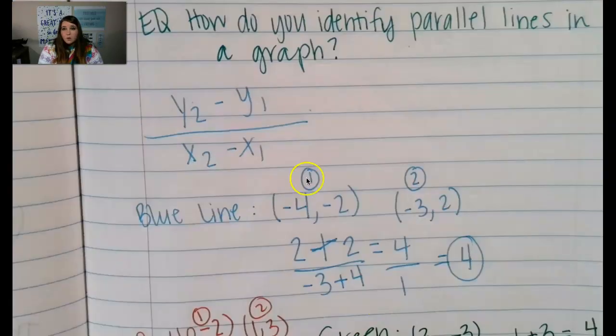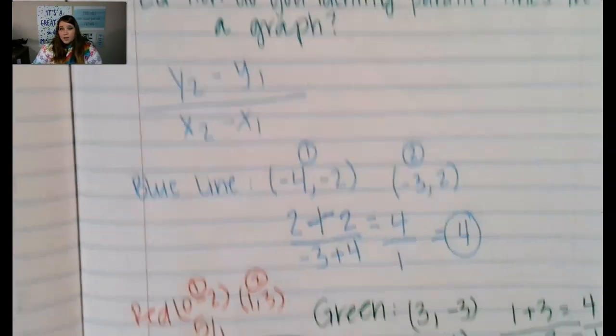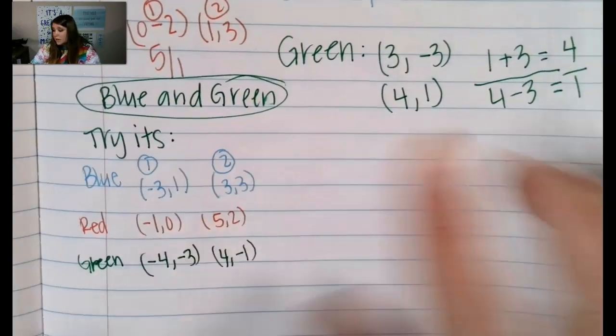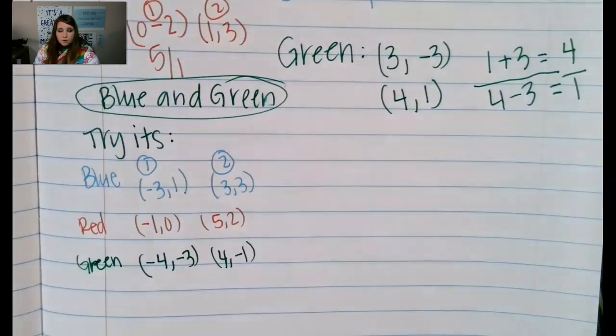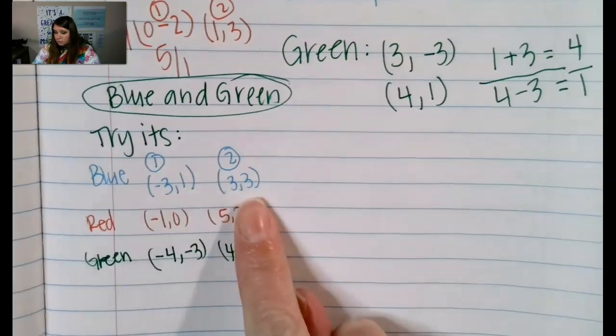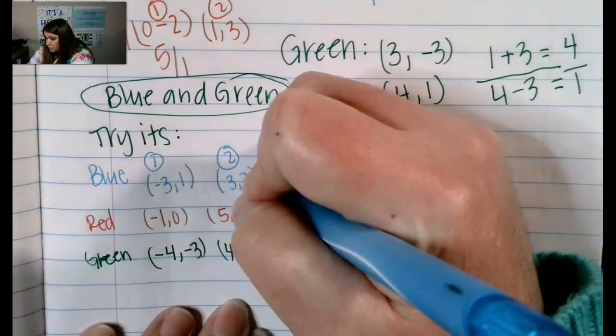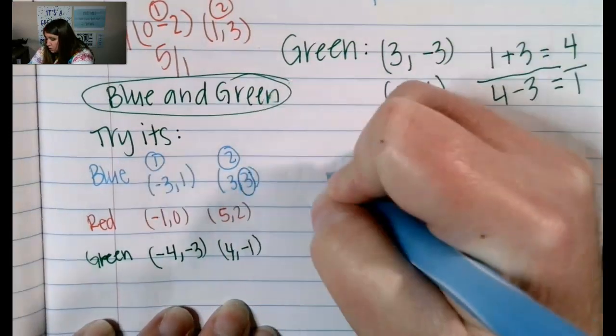All right, so I have the points written for us here for our try-its. I did my notes up above for the first one. On this one, the first line is blue. So I am going to take blue y's and subtract those, starting with point 2.